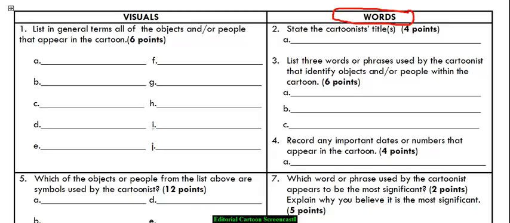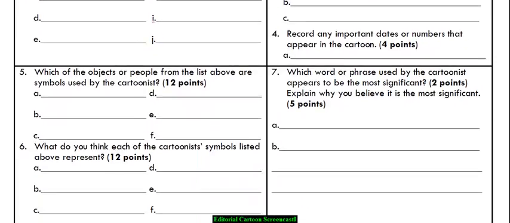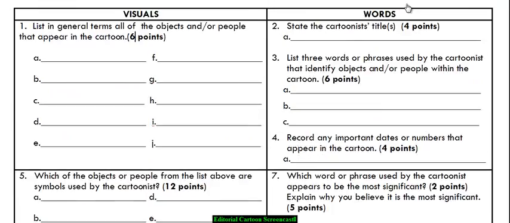The right-hand column labeled Words will all address the written words that are located in or outside of the cartoon. So questions 2, 3, 4, and 7 will all deal with the written word aspect of the cartoon.